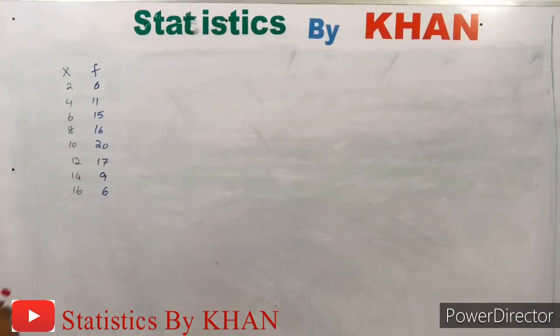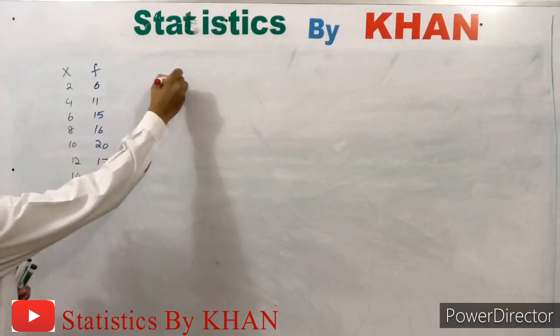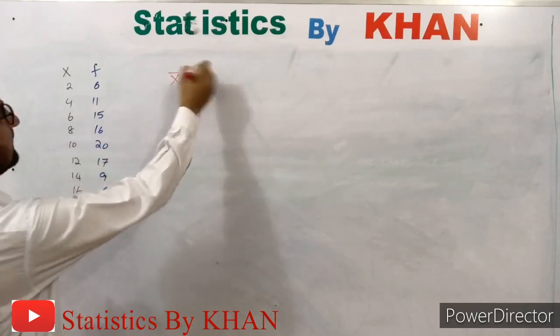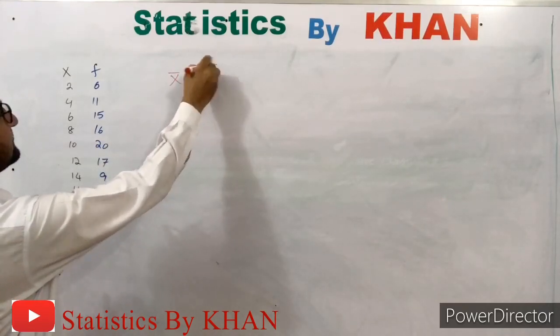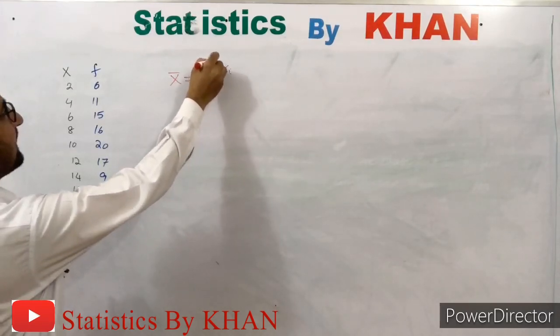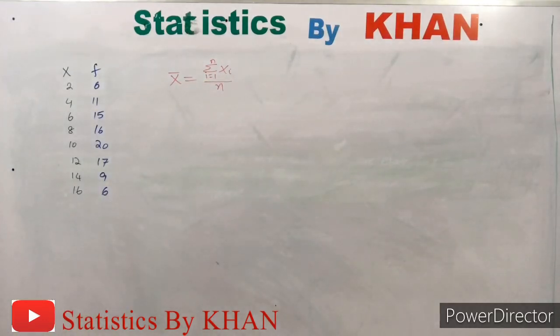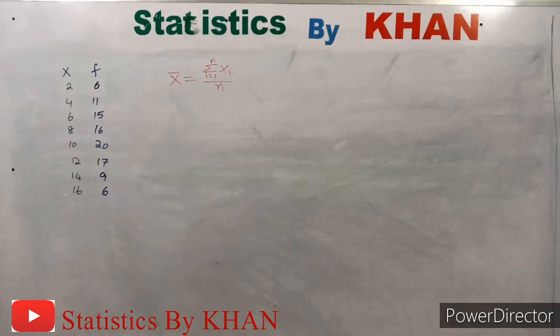Now, the basic formula for the arithmetic mean, suppose this is sample data, so I will denote it by x bar, was summation xi, i from 1 to n, divided by n. So for computing the arithmetic mean, we had to add all the values.